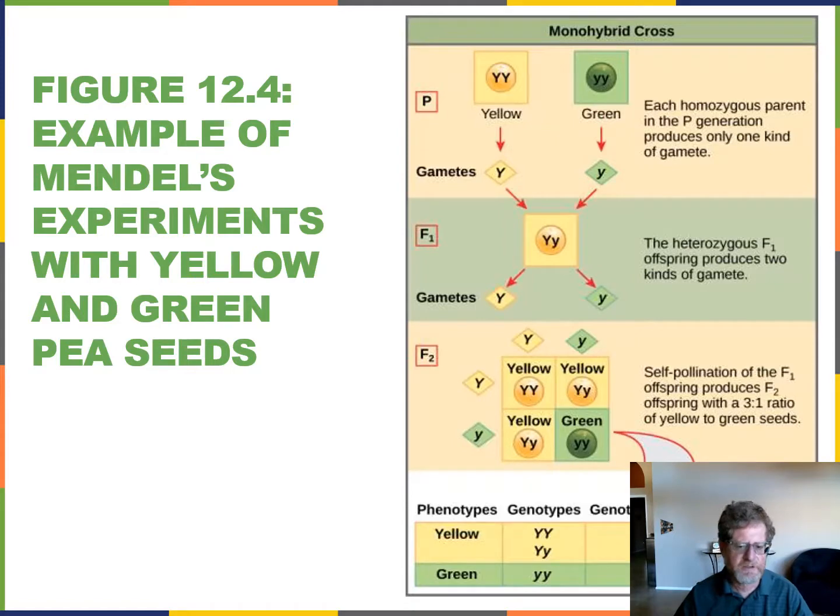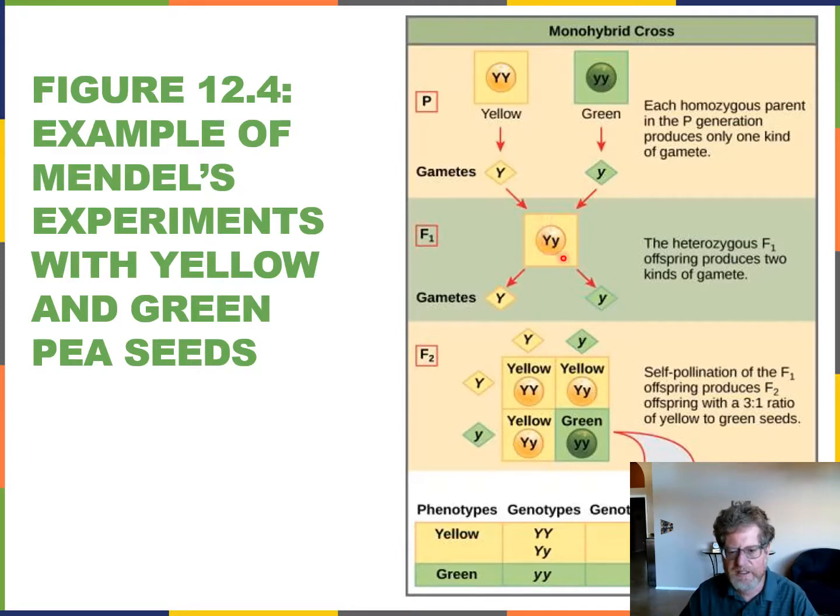All right, here's just another example. We won't go through it in detail, but you can't generally predict which trait is the dominant trait, you just do it empirically. You breed plants together and you see. So it's sort of interesting that within the peas, yellow is dominant to green. So when you breed plants together that have yellow pea seeds with green pea seeds, yellow is the dominant trait.